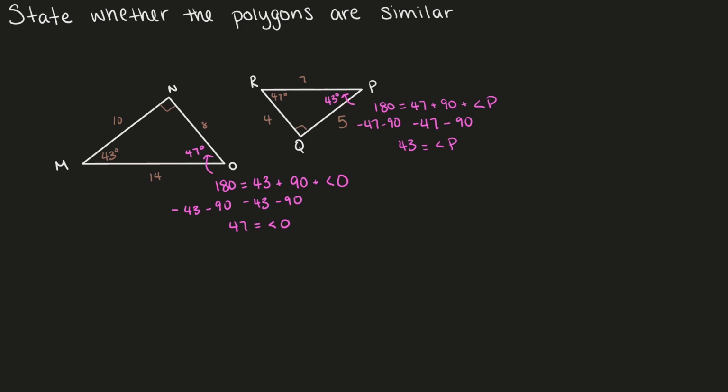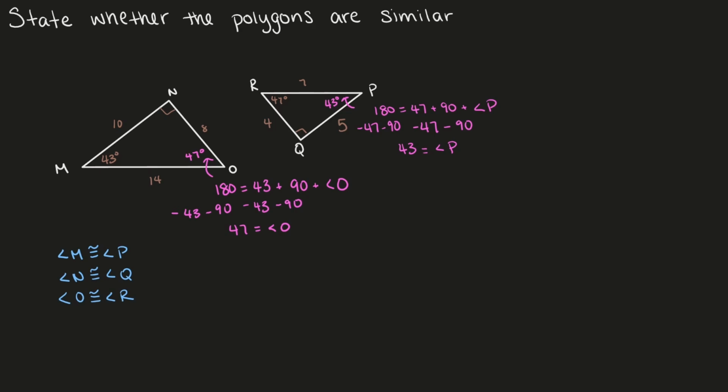As we pointed out before, angle M corresponds with angle P, and they're both equal to 43 degrees, so those are congruent. Angle N and angle Q are corresponding and both equal to 90 degrees. And angle O and angle R are corresponding and both equal to 47 degrees. So we know that all of our angles are congruent.